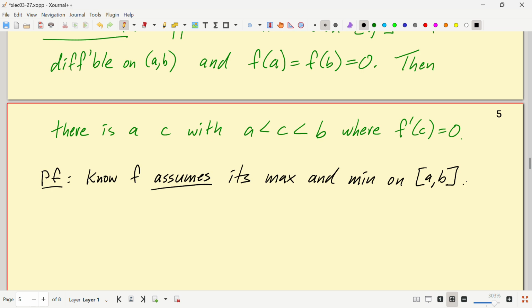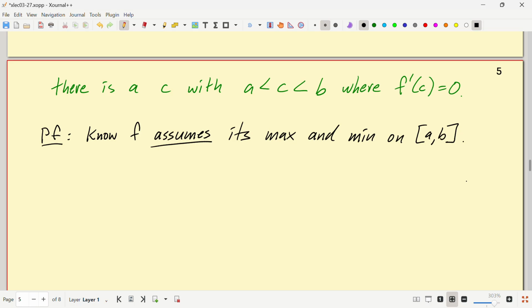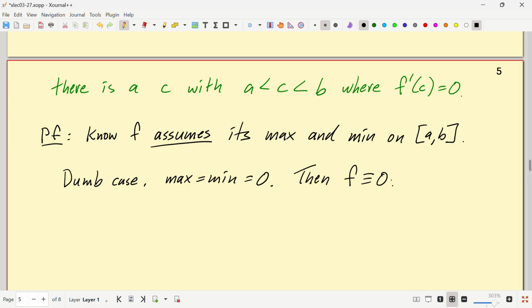Okay, well, let's see. A dumb case would be that the max and min are both 0. Dumb case, the max equals the min, and they're 0. Then f is identically 0. And of course, the derivative is 0 on the inside. Every c in between works.